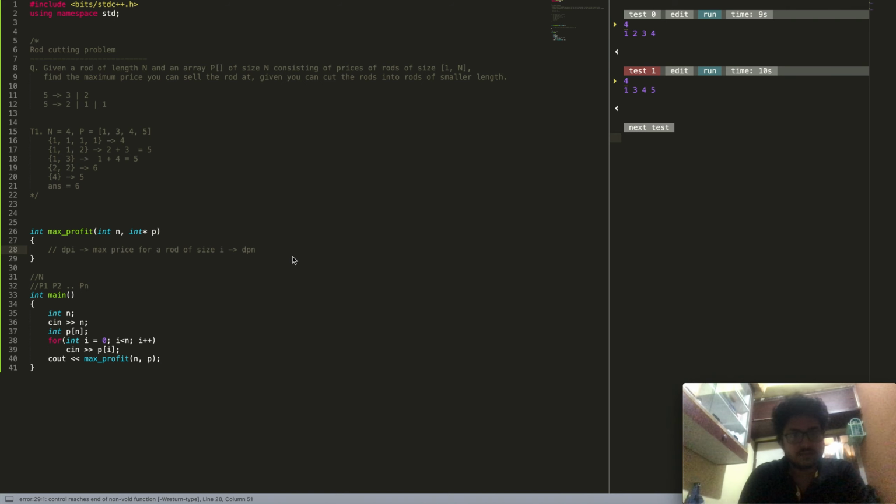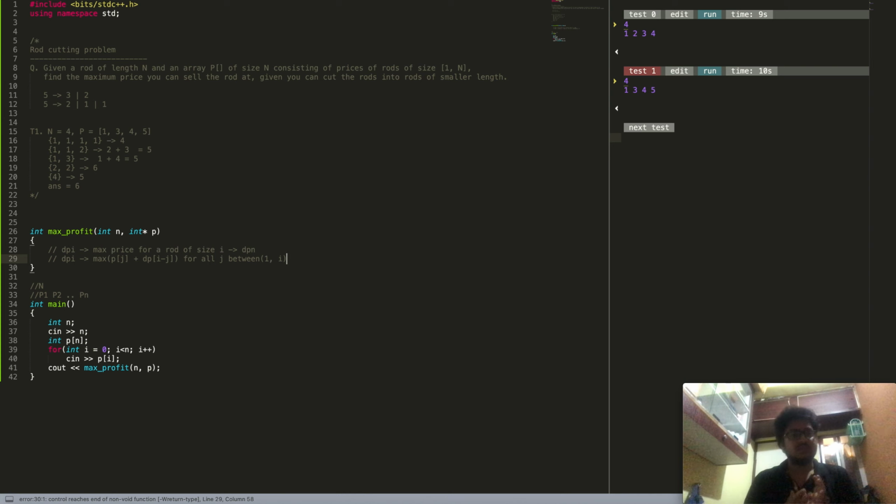Now coming to the recurrence relation part, DP of i will be calculated as the max of P of j plus DP of i minus j for all j between 1 to i. Alright, so this is the recurrence relation.